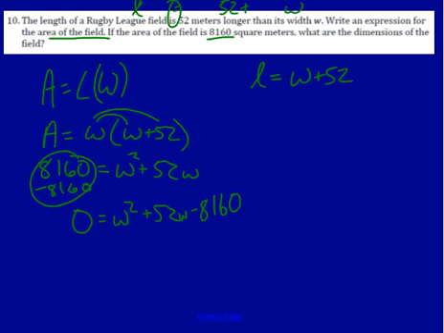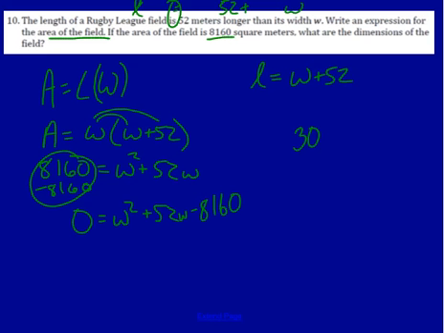So what I'm looking for are things that multiply together to be 8,160. So if I tried 30, 30 goes into 8,160. Well, let's look at this.